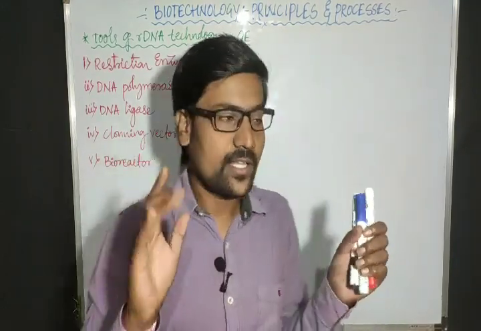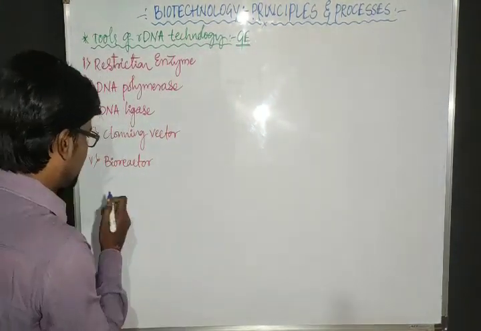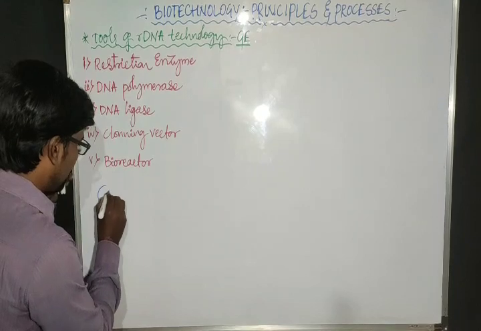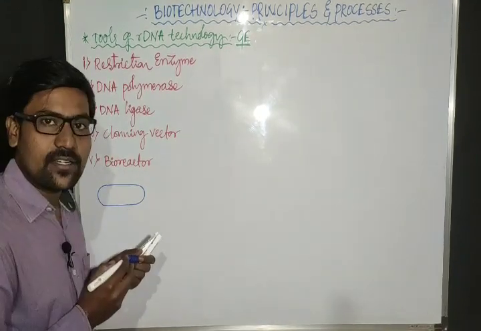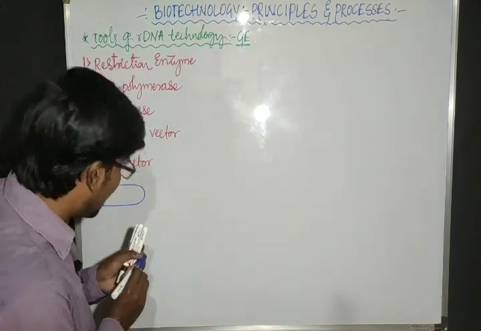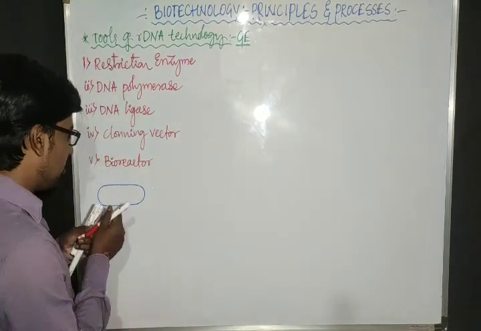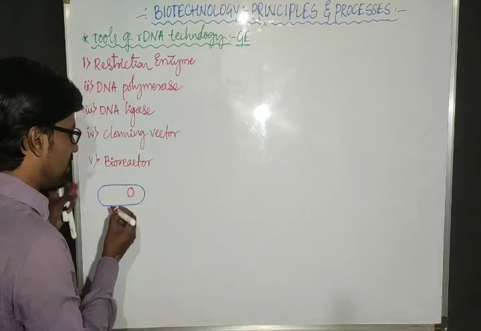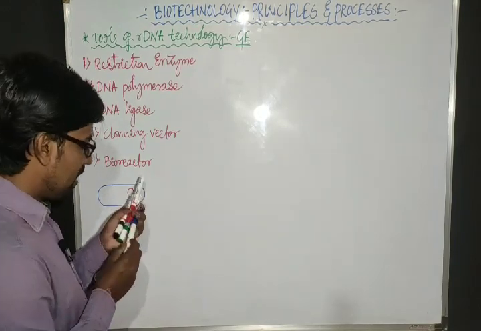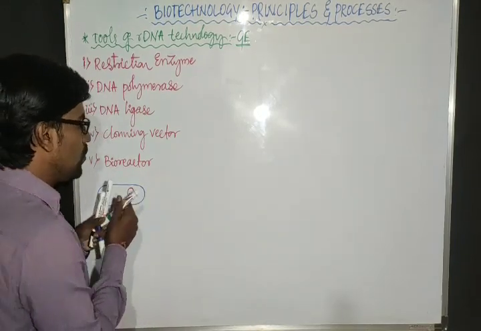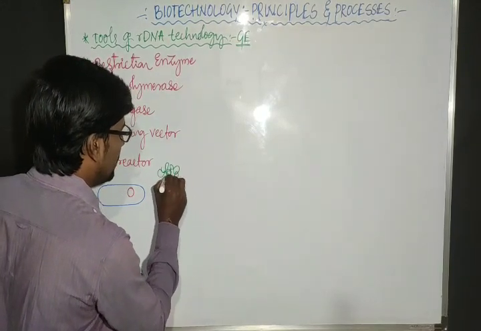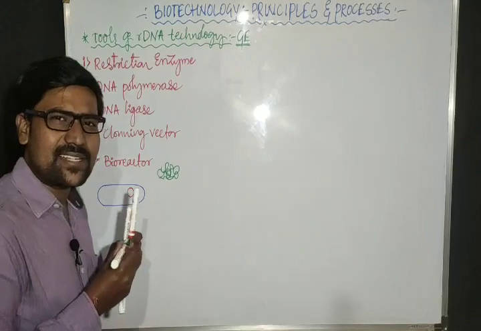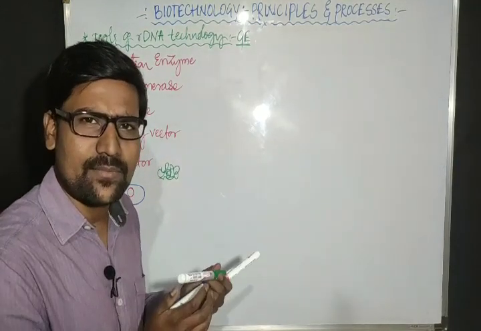Okay. Now I am giving one brief introduction. Let us consider a bacterial cell, an E. coli cell. This E. coli cell has one plasmid, and outside we have one DNA. Let us consider our DNA or any organism's DNA.